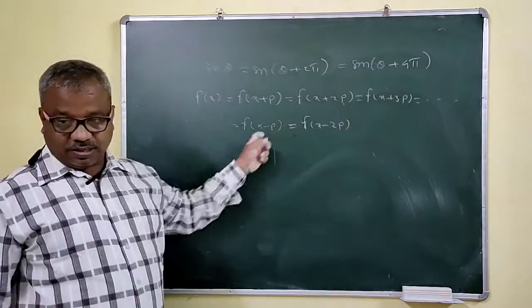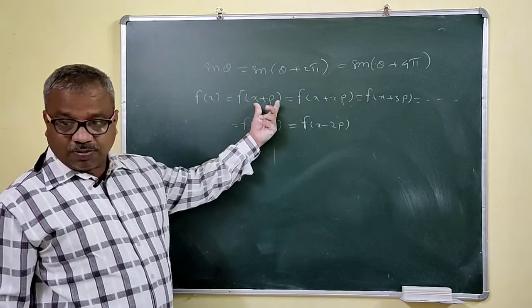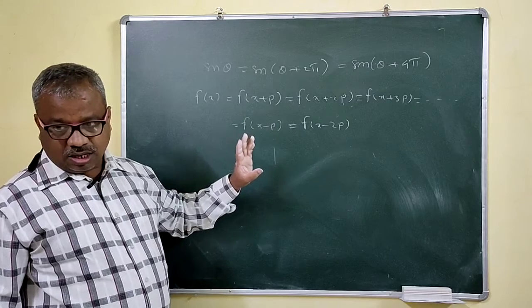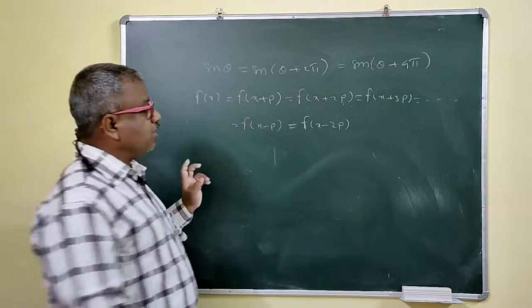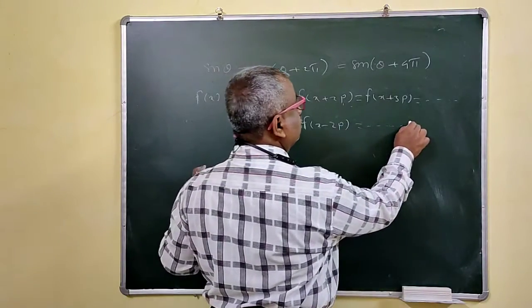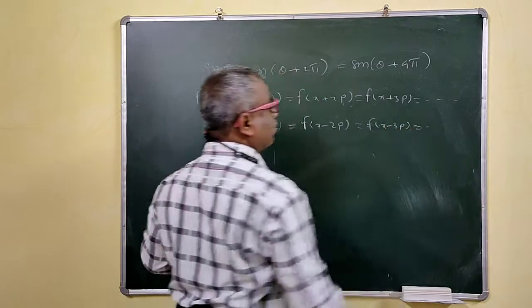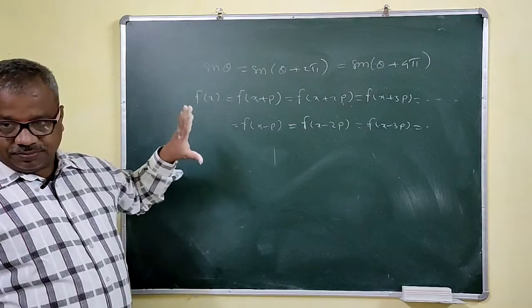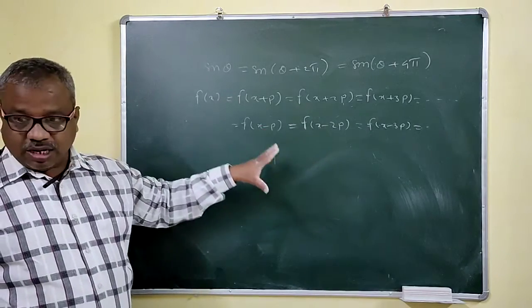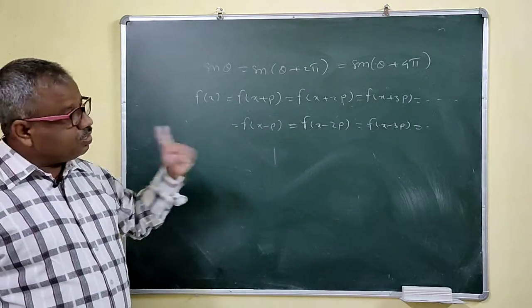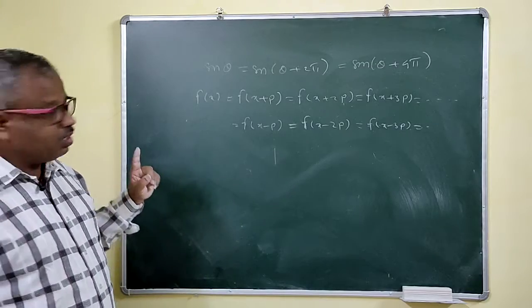You may write plus or minus, it doesn't matter. So f of x minus 3p is equal too. All values are equal for this p, then p is called the period of the function.